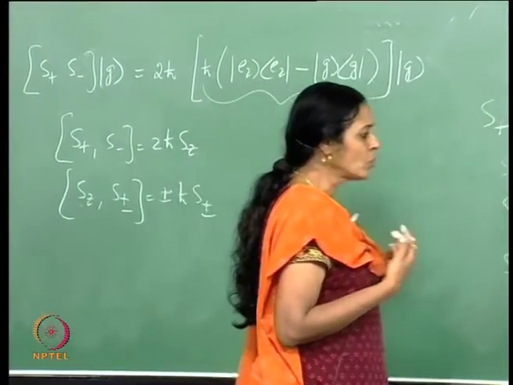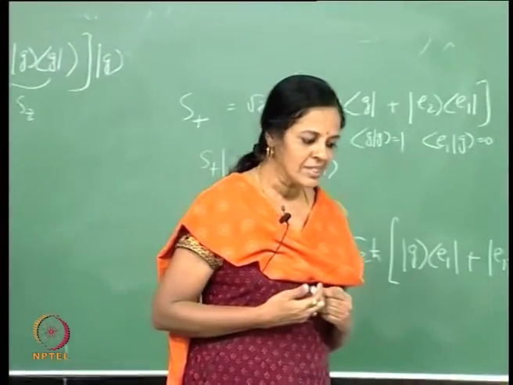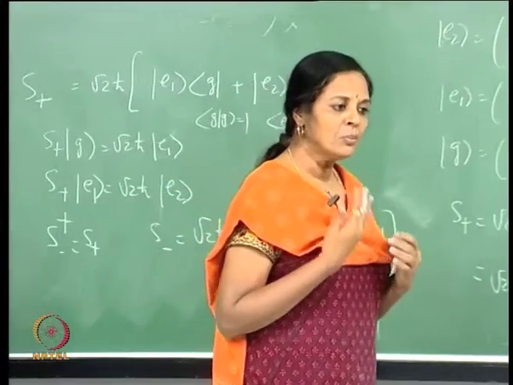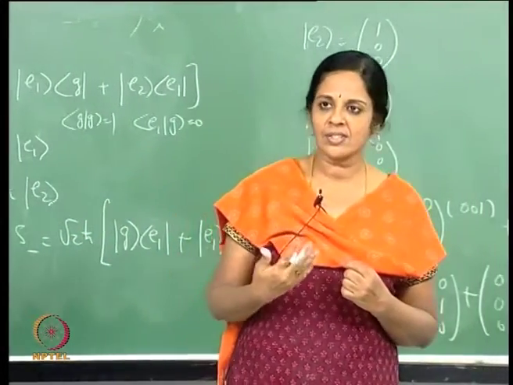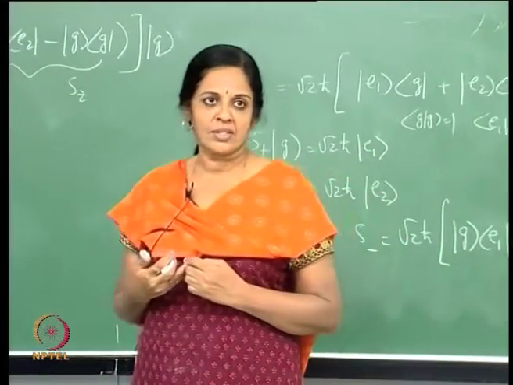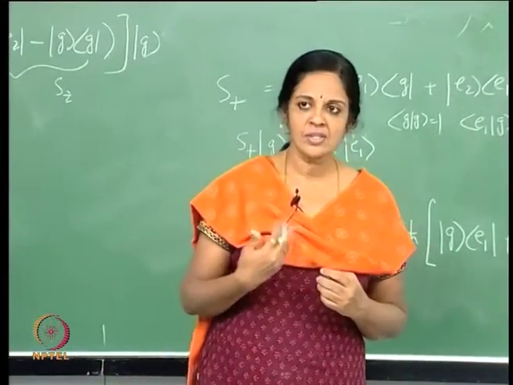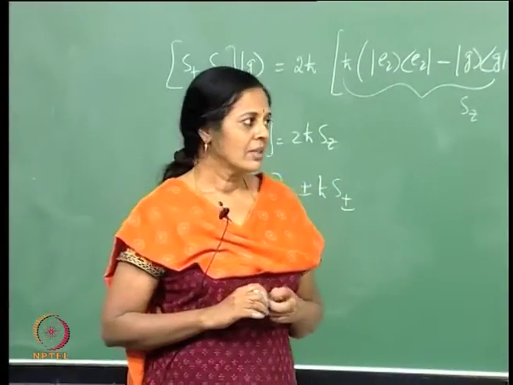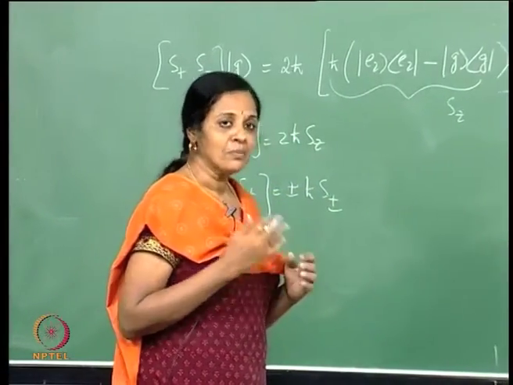So, the SU2 group is really defined by the Lie algebra given by the commutator S plus S minus is 2ℏ Sz, and Sz with S plus is plus ℏ S plus and so on. The matrix representation is not that important.